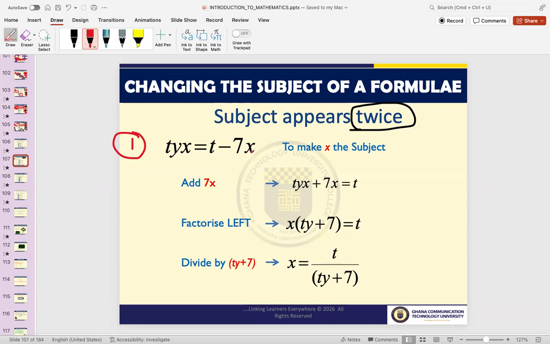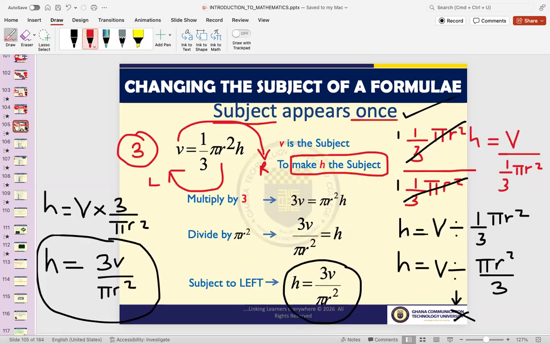Sir, please, I have a question. Yes, go ahead. So in the case that you have the expression and you don't do the swapping by moving left to right, then right to left, can you still attain the same answer?